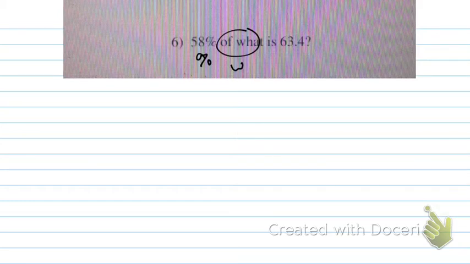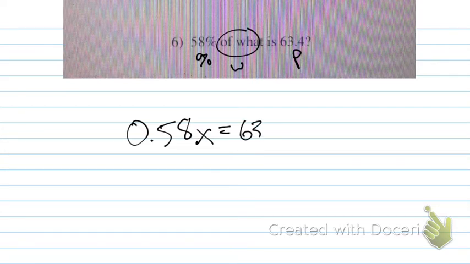And then the part is 63.4. Did you guys identify those pieces? We're going to translate it to math now. 58% of what? So times x is 63.4. 58% of what is 63.4. You can read it from your equation after, that's a good check.